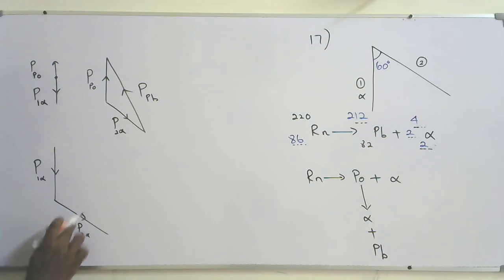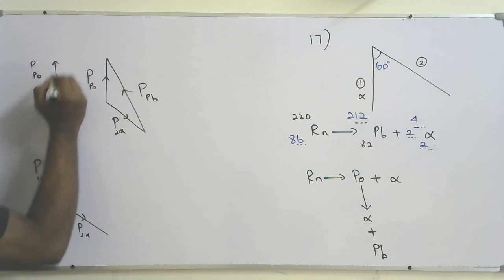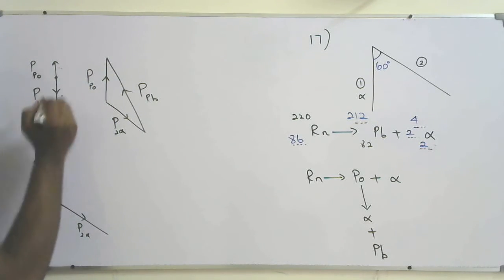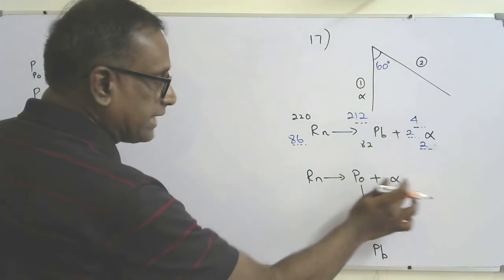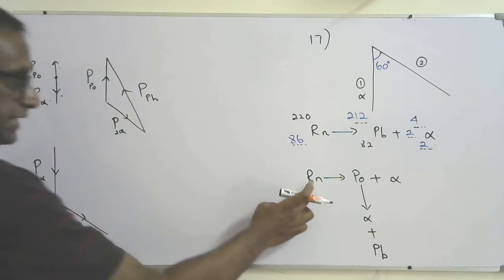I replace this line, which is the momentum of polonium, by the momentum of the first alpha. Both should have the same momentum because radon was at rest, so the momentum of radon is 0.